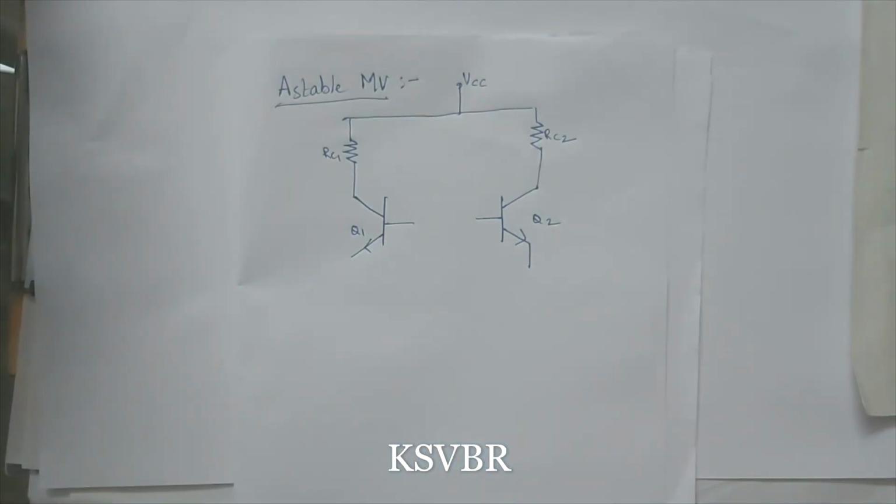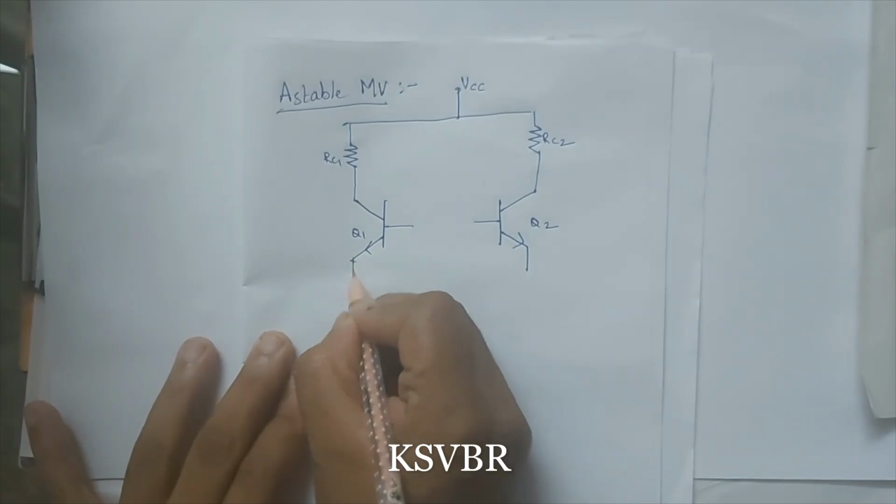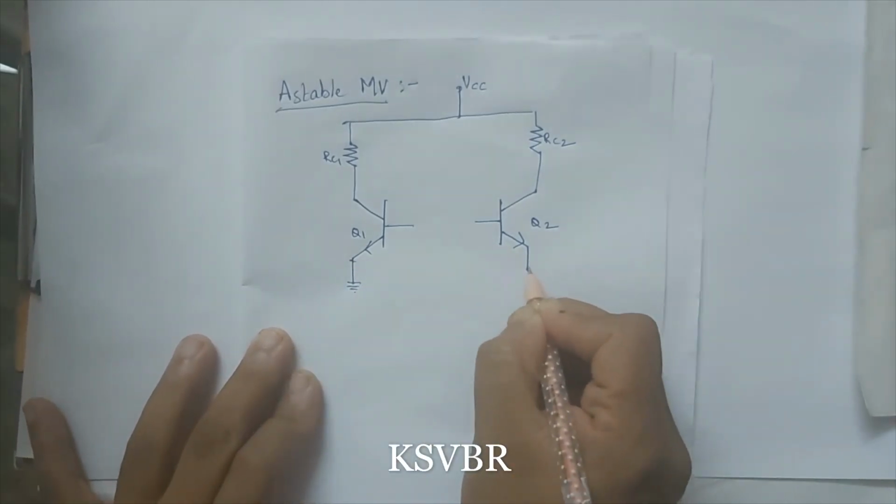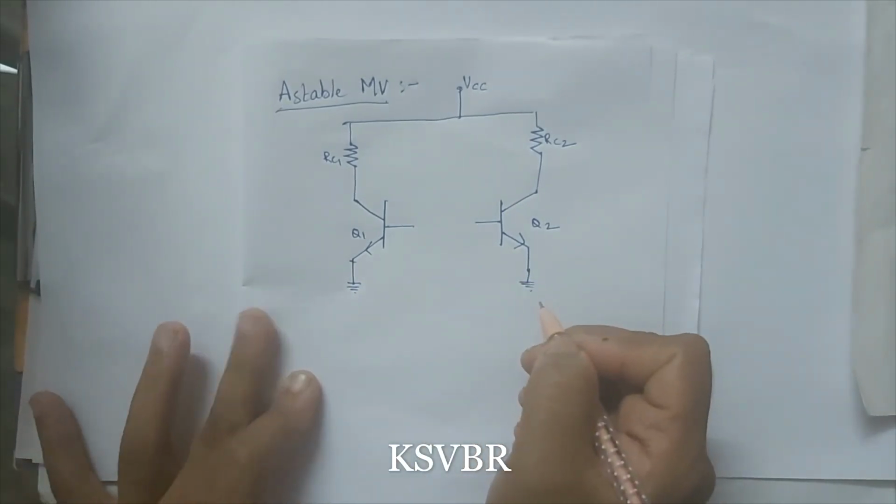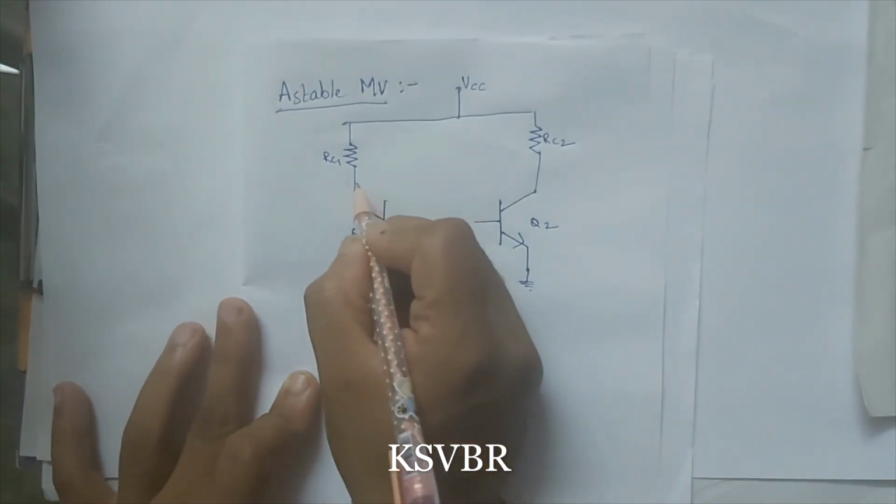First the collector resistances, and then we know that the coupling elements of this multivibrator are both capacitors. As it is an astable multivibrator, it is having two quasi-stable states. The coupling elements will be two capacitors. Firstly, draw the emitters as ground, as it indicates CE configuration.